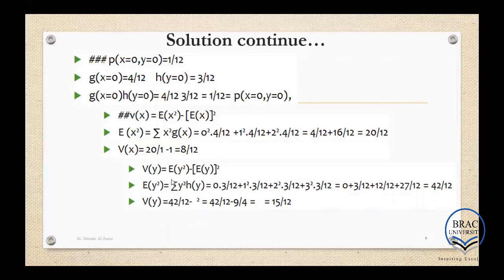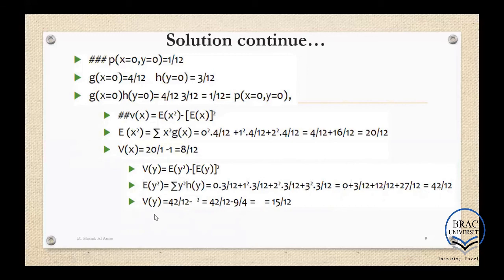And similarly, we can calculate the variance of y as the expected value of y square minus the expected value of y whole square. The expected value of y square equals the summation of y square h of y. That means we square all the values of y, then take their product with their corresponding marginal probability, and the value is 42 over 12.